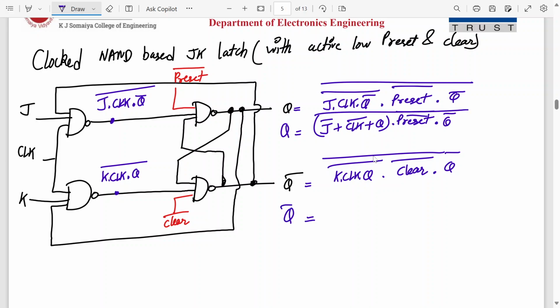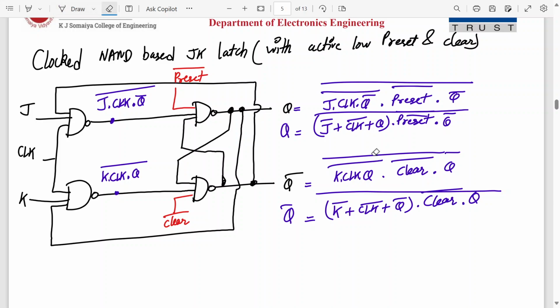And this also by De Morgan's law, K bar plus clock bar plus Q bar, into clear bar dot Q, the whole bar. This again also using De Morgan's theorem. So we'll use this expression and this expression to implement this clocked NAND JK latch with preset and clear pins.